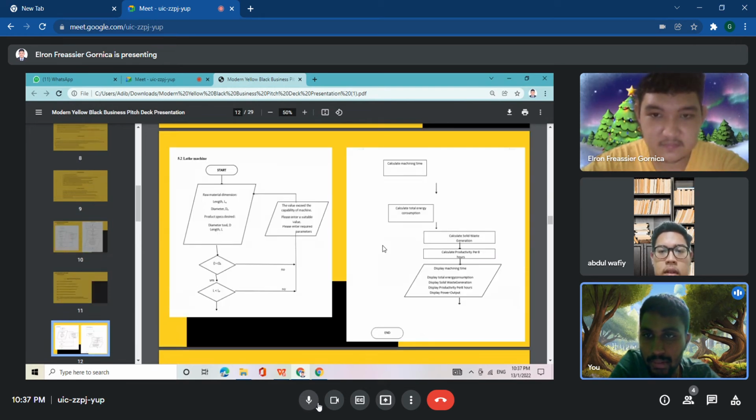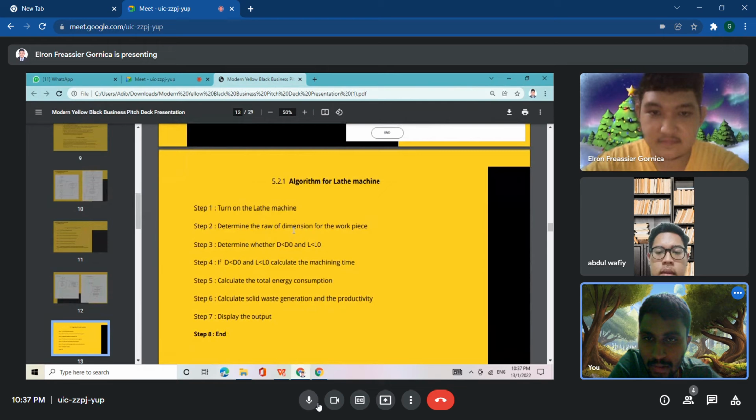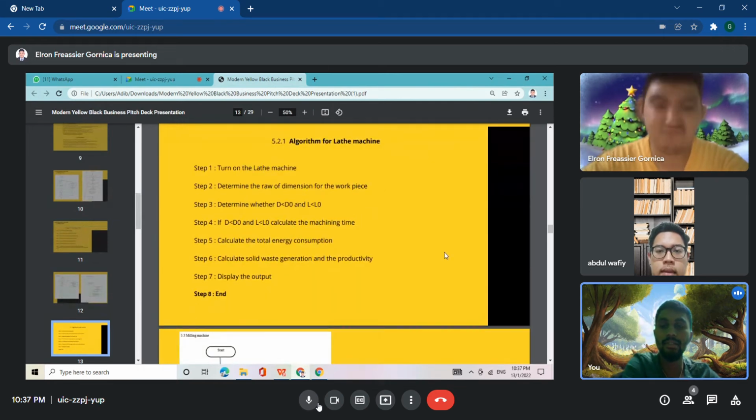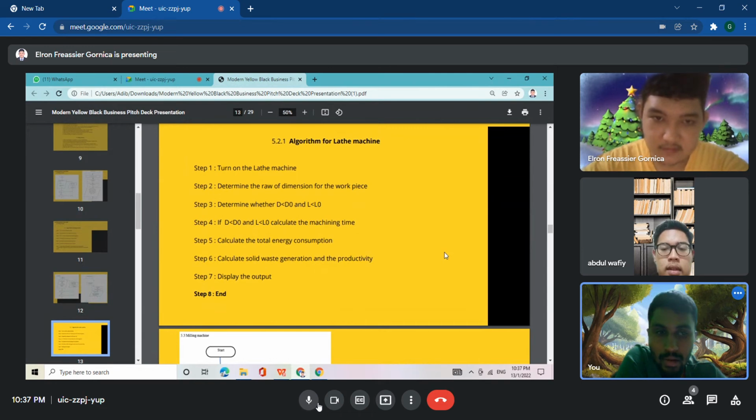For the next machine we look at the lathe machine. These are our flowchart for the lathe machine. Next, these are the algorithm for the lathe machine. For the lathe machine we have 8 steps. First step, we turn on the lathe machine. Step 2, determine the raw dimension for the workpiece.